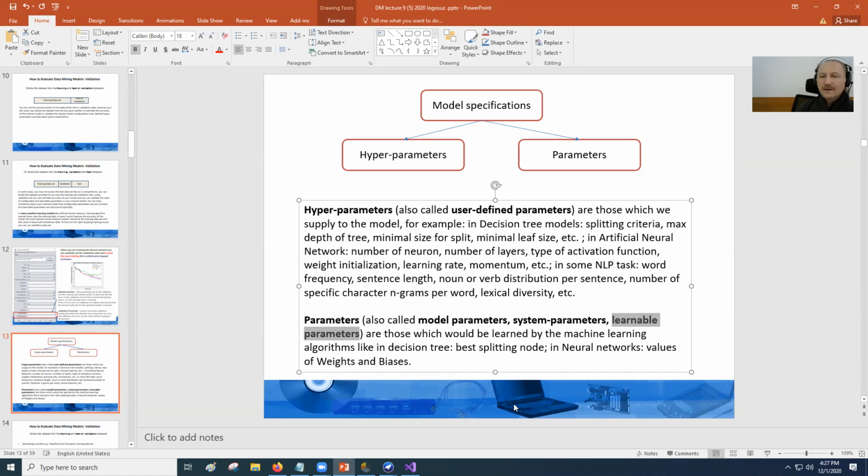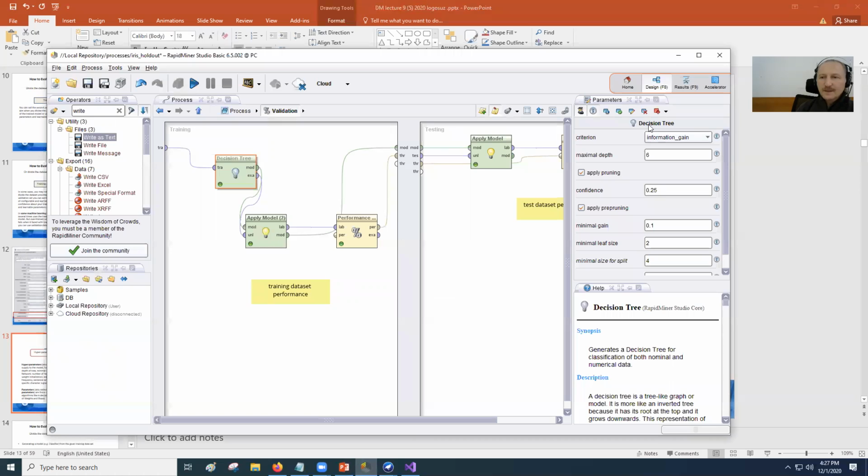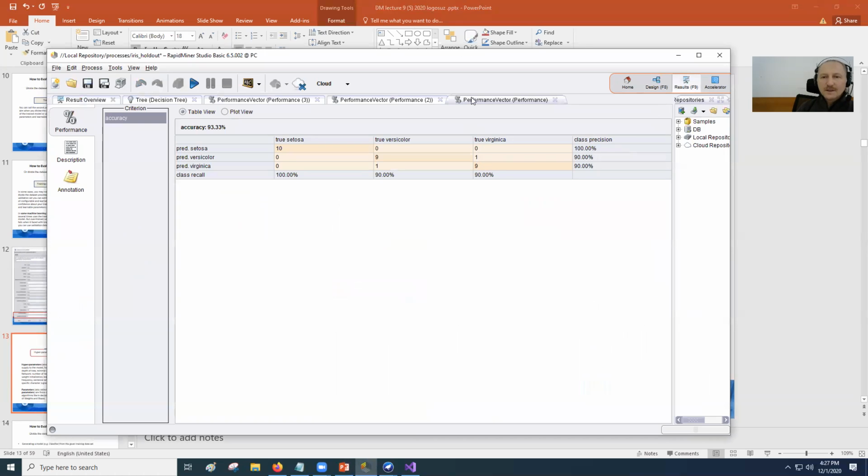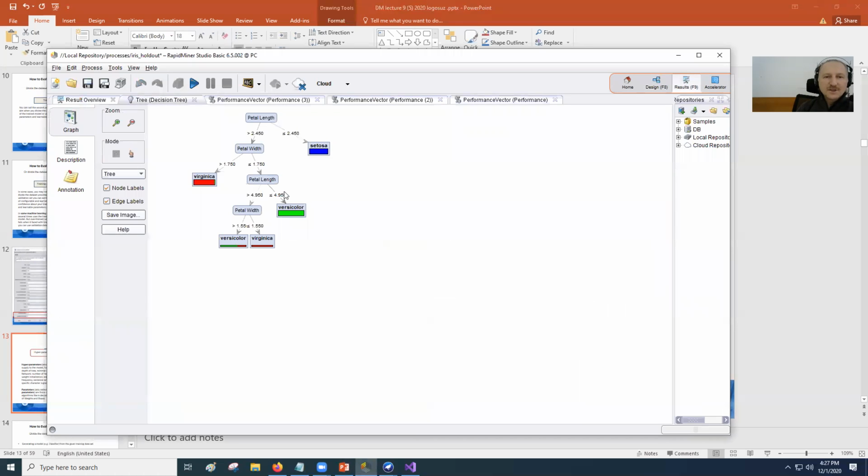But for model parameters, it is 100% the job of the training algorithm to find the optimal values. For example, what is the best splitting node? When you go to result, when you want to see the decision tree, look at who decided petal length should be the starting one. The learning algorithm decided, and then how it decided. For example, if petal length is bigger than 2.5, go to the left side.